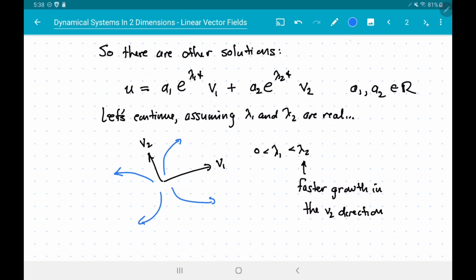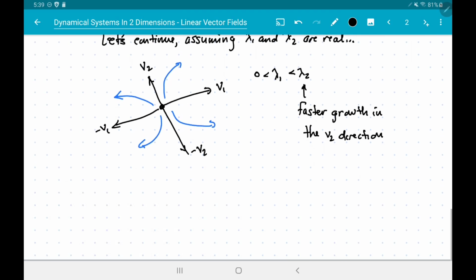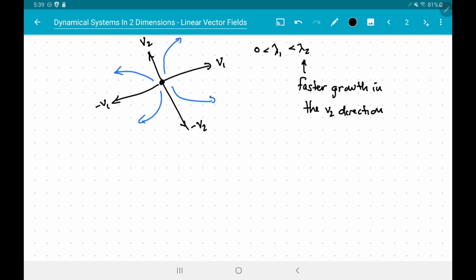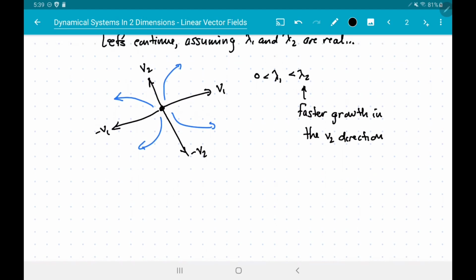The reason that I'm drawing them like this is that this is the coordinate plane, and the origin is right here in the middle, and you can also get solutions that point the other way like that by using negative numbers for A1 and A2. So that's the case if they're both positive. This is called an unstable node.